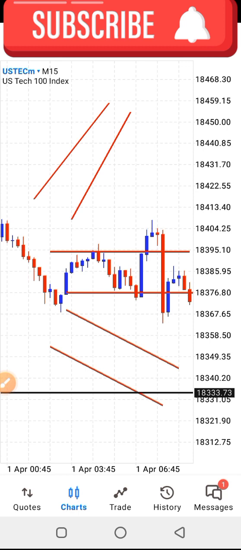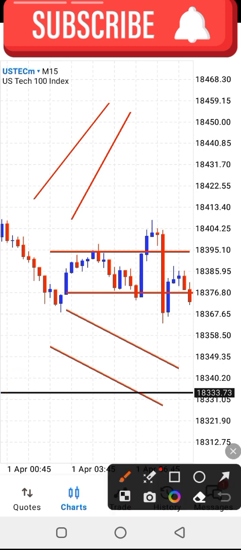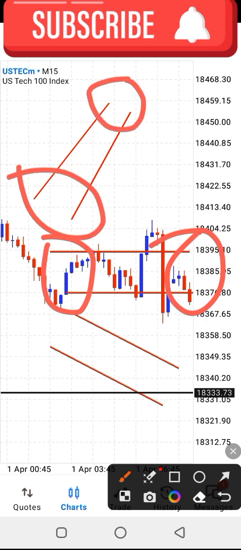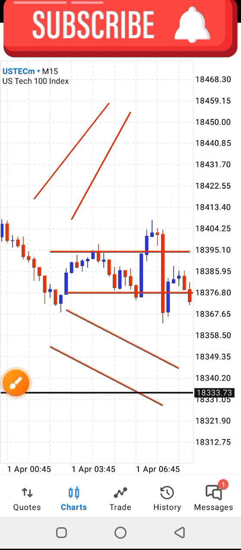But a channel is more like you have equal space: the space at this end is the same as the space at this end. For a wedge, the space at this end is smaller compared to the space at this end. So you have to know that's the second thing.